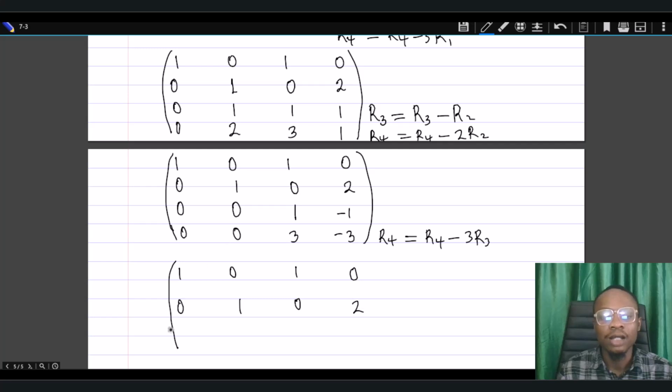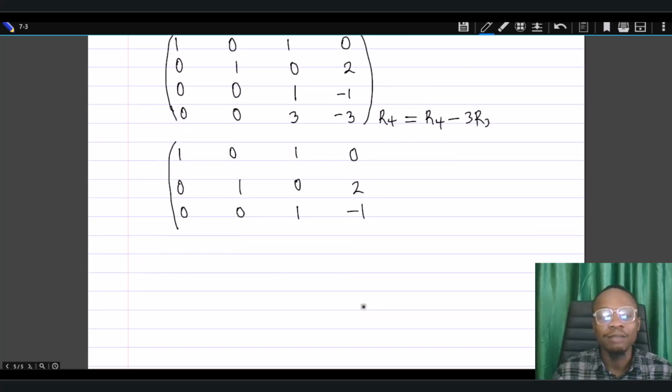And then this is 0, 0, 1, minus 1 because nothing is happening over there. And then by this, we'll have this to be 0, 0. 3 minus 3, that is 0. Minus 3 plus 3, that is 0 as well. So at the end of the day, we see that we have one row that is completely 0.